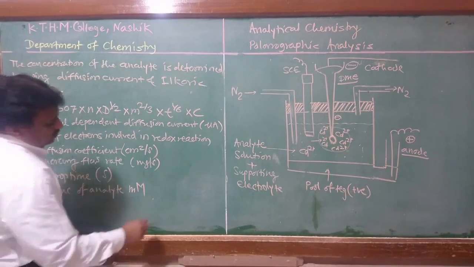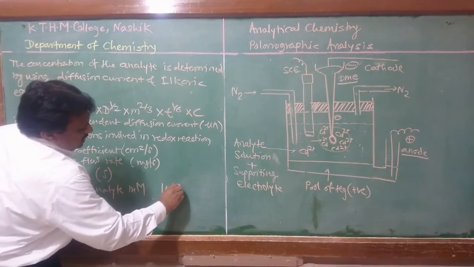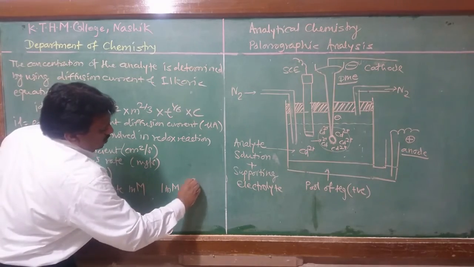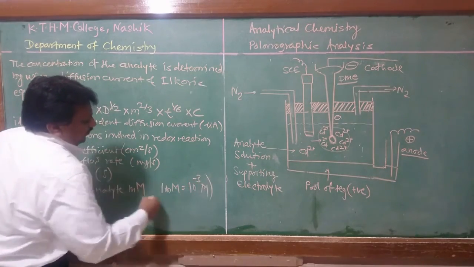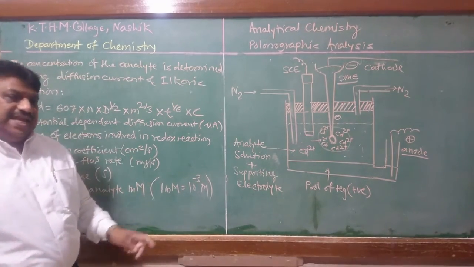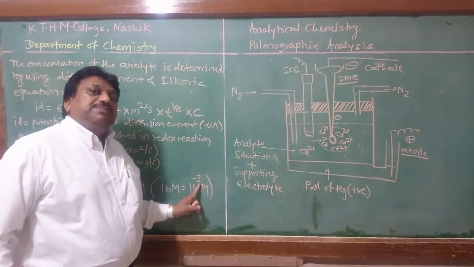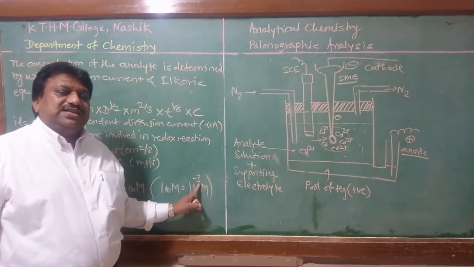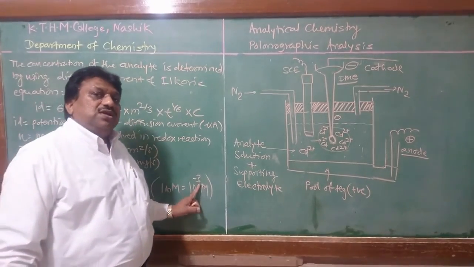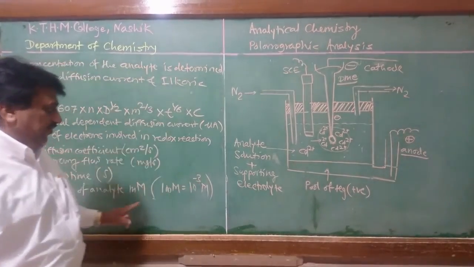and 1 millimole is equal to 10 raised to minus 3 mole. Therefore, in polarographic analysis, concentration can be measured at the millimole level, that is 10 raised to minus 3 to 10 raised to minus 4 moles per liter.